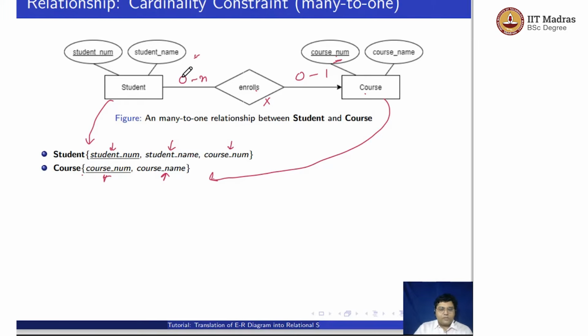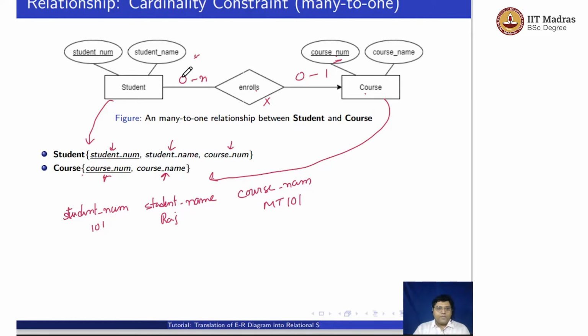So how is it possible? Let us consider the student table. In the student table, we are having the entry student number, student name, and course number, right? So if I consider 101 is Raj, he is opting for mathematics.